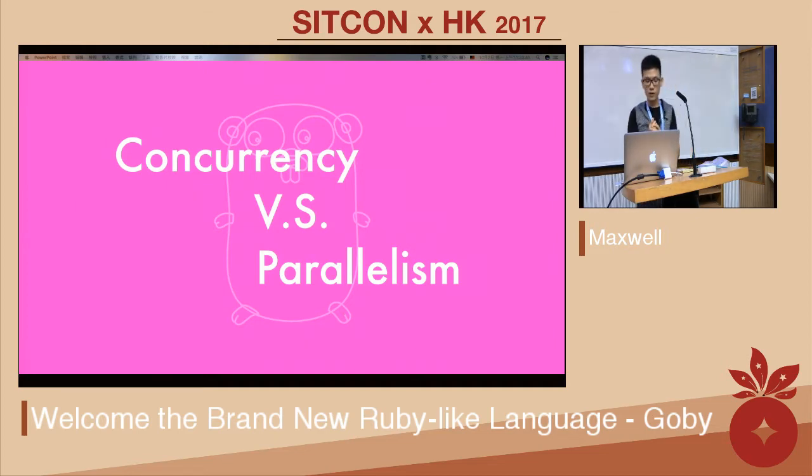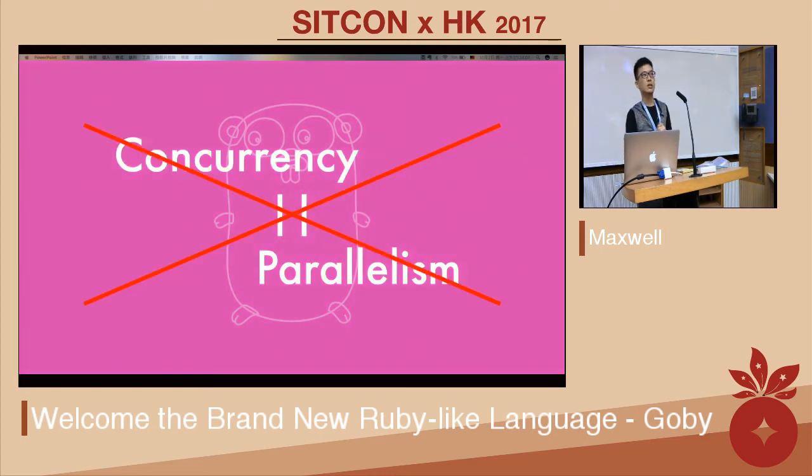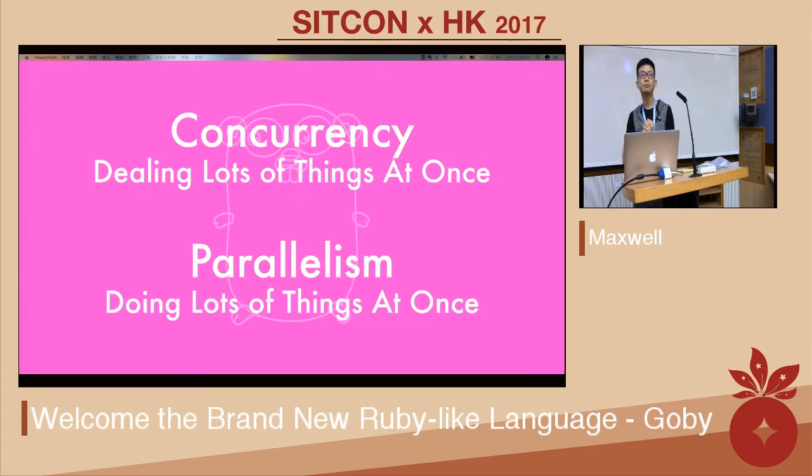Many people usually view concurrency as equal to parallelism. However, that's not the same concept. So let's view the definitions of these two terms. Concurrency's definition is dealing with lots of things at once.